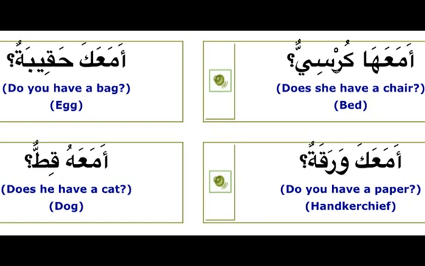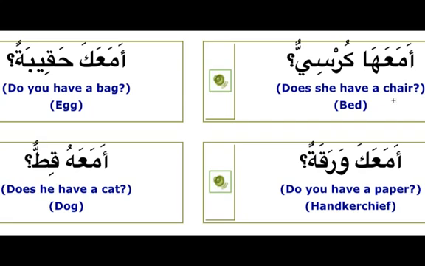So let's do some simple questions here. Ama'aha kursiyun, is there a chair with her? Does she have a chair? So we give the answer. Whenever there is a question like this, we answer either naam or la. So now we say no, she doesn't have a chair, she has a bed.